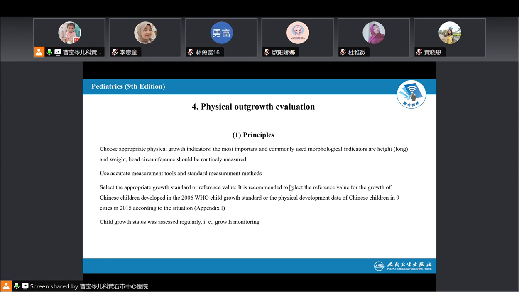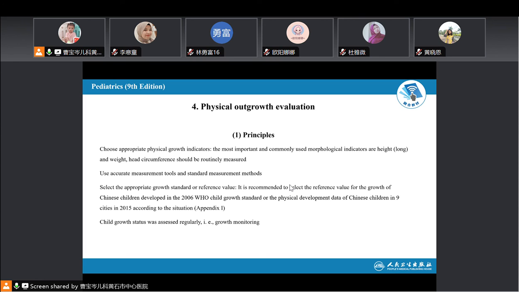Select the appropriate growth standard or reference value. It is recommended to select the reference value for the growth of Chinese children, developed in the 2006 WHO Child Growth Standard, or the physical development data of Chinese children in 9 cities in 2005.